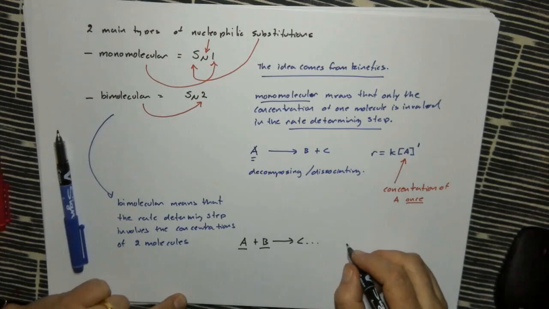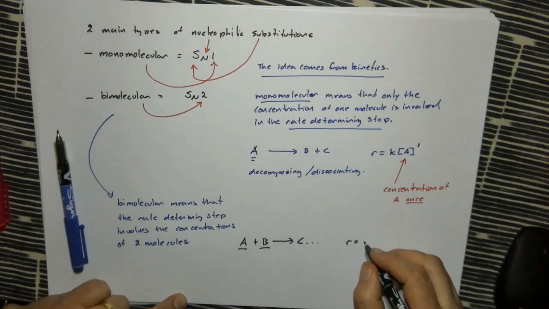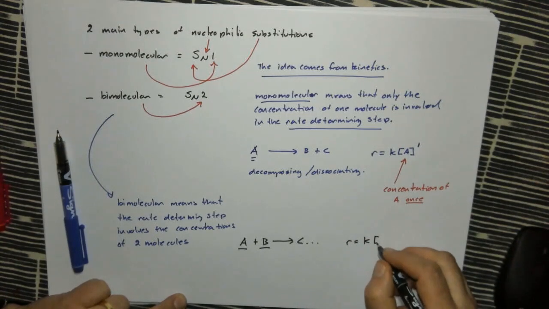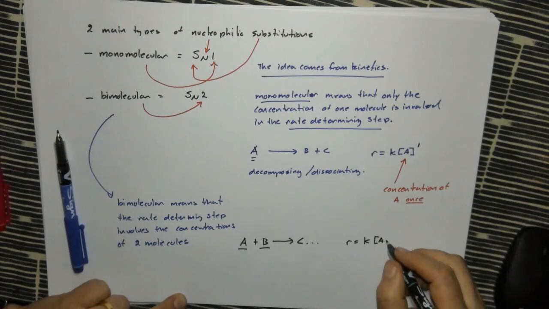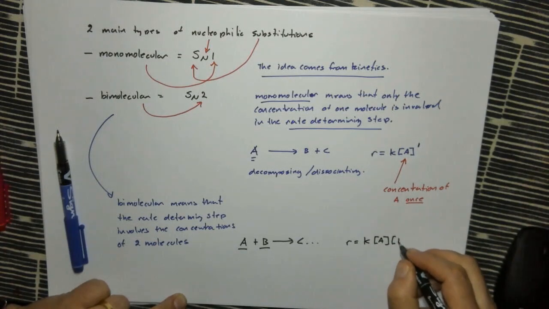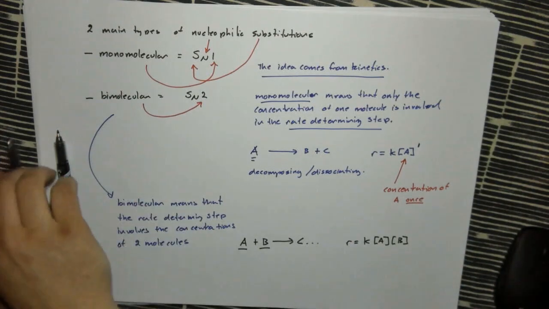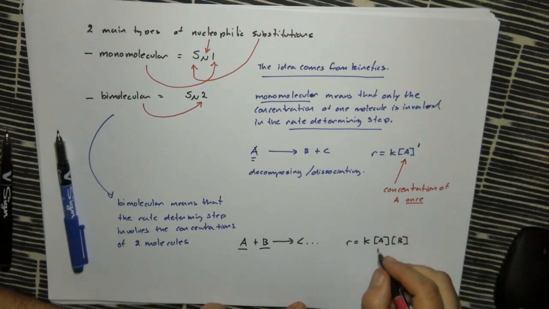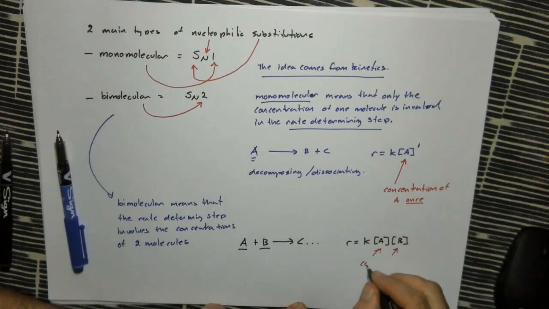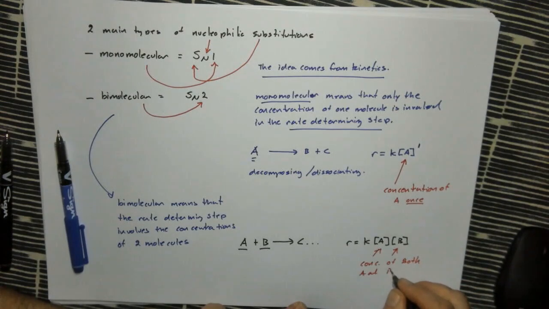So you can write a mathematical expression that represents this. And here you can see then that the concentrations of both A and B affect the rate of the reaction.